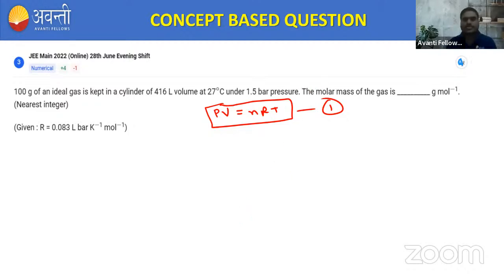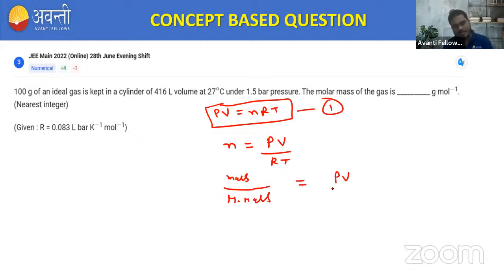So in this question they are asking the molar mass of the gas. So we know that this n is calculated like PV upon RT. Now this n is what? Mass divided by molecular mass. Okay, mass of solute divided by the molecular mass, and this is equal to PV upon RT.